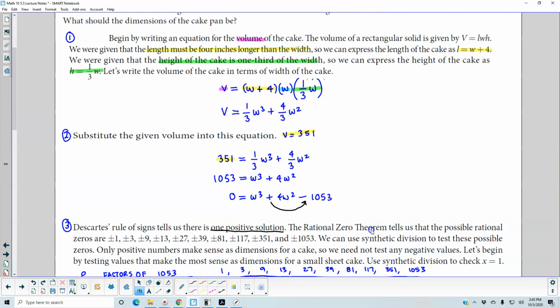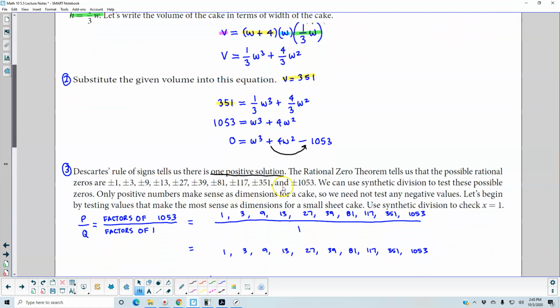So the rational zero theorem tells us that the possible rational zeros are plus or minus 1 all the way to plus or minus 1053. We can use synthetic division to test these possible zeros. And again, only positive numbers make sense as dimensions for a cake, so we need not test any negative values.